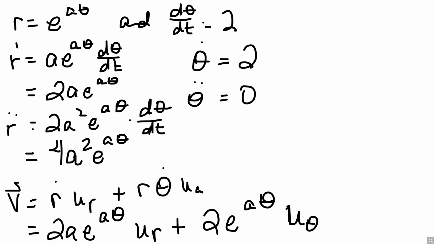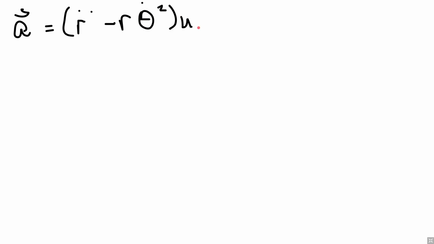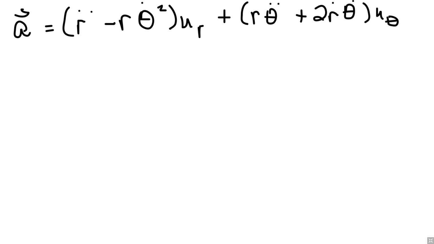Okay, so now let's find a, the acceleration. So the acceleration vector is going to be r double dot minus r times theta dot squared times u_r plus r theta double dot plus 2r dot theta dot times u_theta.